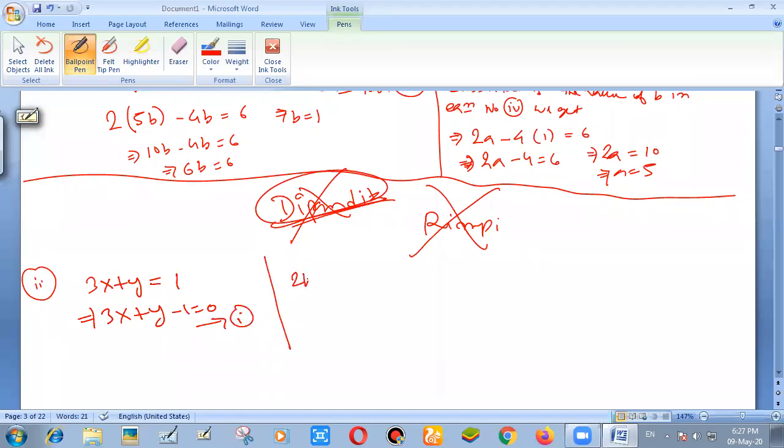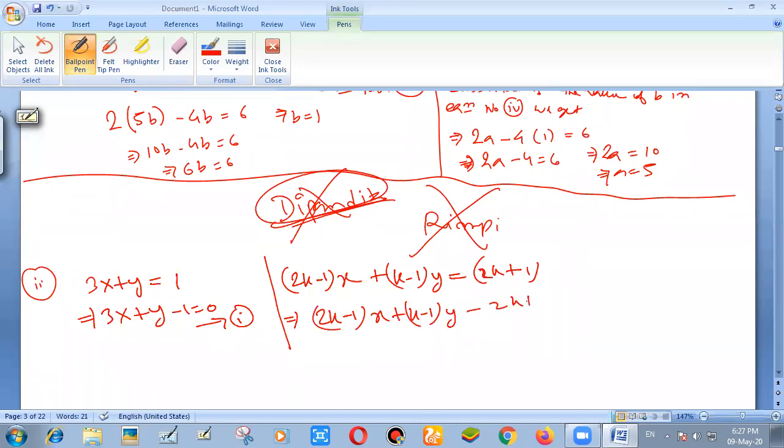Then (2k minus 1)x plus (k minus 1)y equal to 2k plus 1. So take the constant term into the left hand side. So it will be (2k minus 1)x plus (k minus 1)y minus (2k plus 1) equal to 0.